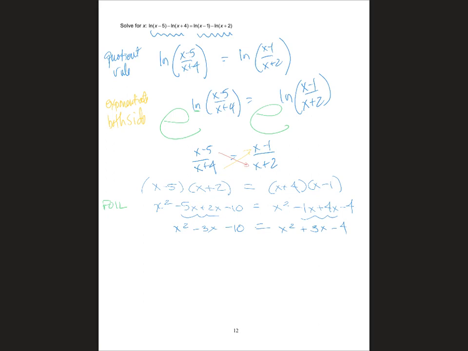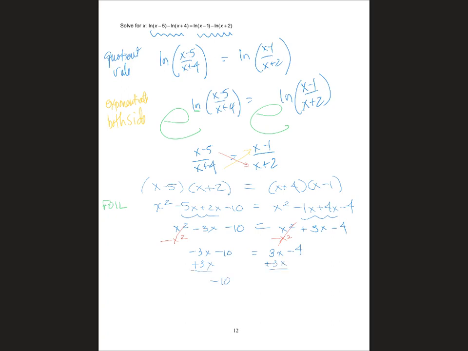Now I'm solving for x. I see that I have an x squared on either side, so I can subtract x squared from each side, and they go away. And then I have minus 3x minus 10 equals 3x minus 4. So perhaps let's get all our x terms on one side of the equation.